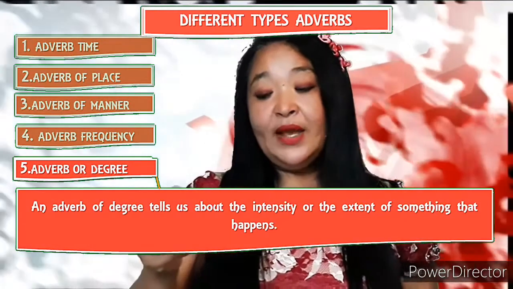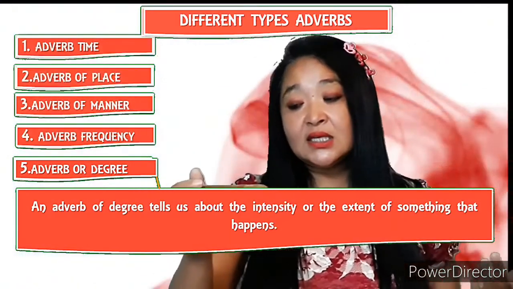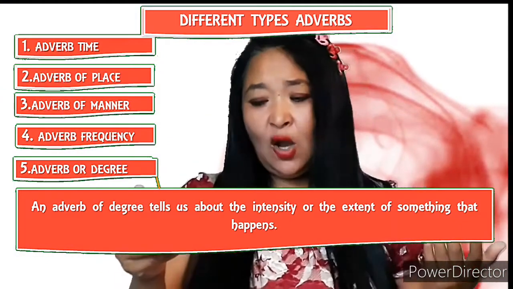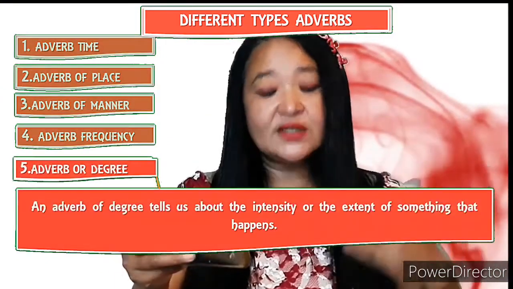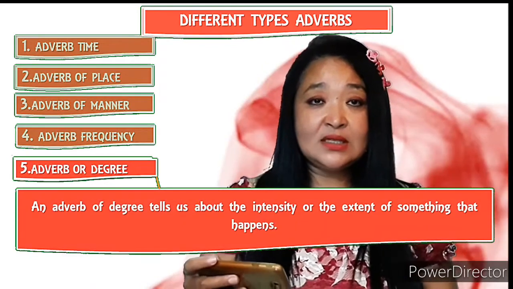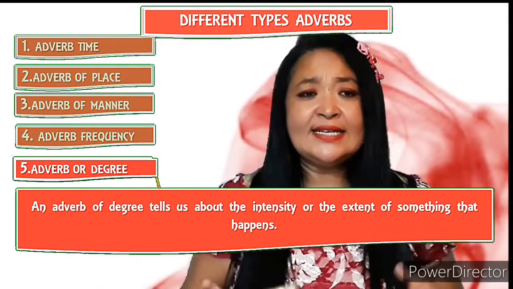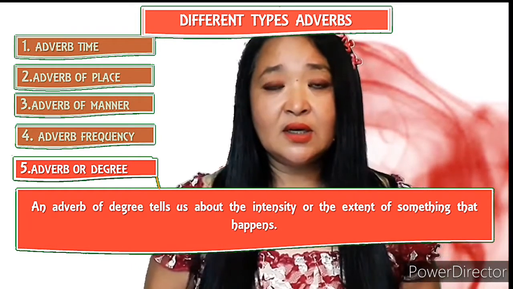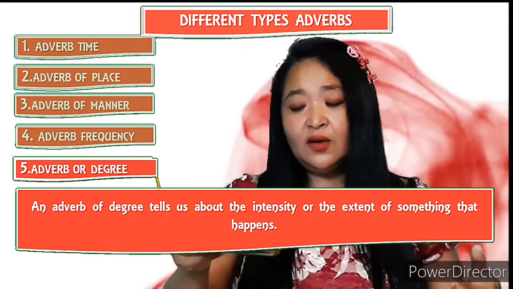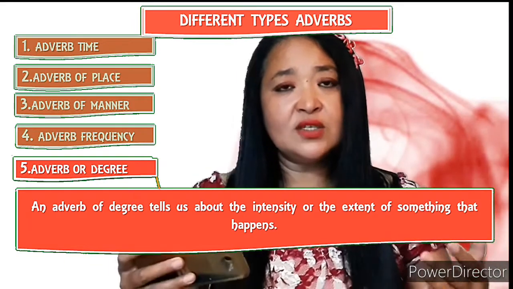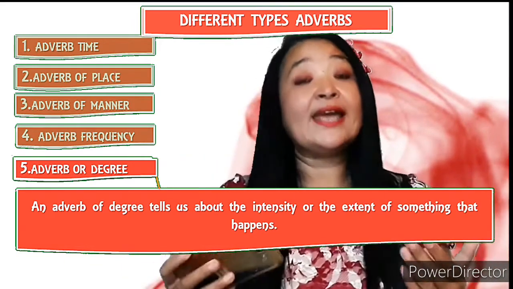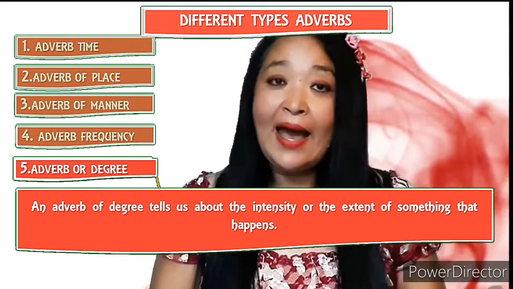An adverb of degree tells us about the intensity or the extent of something that happens. That means the adverb of degree tells us about the intensity of the verb, how intense it was, or to what extent something can happen.